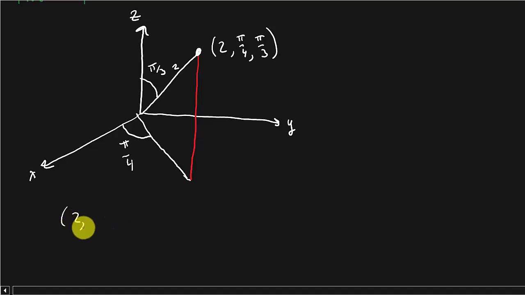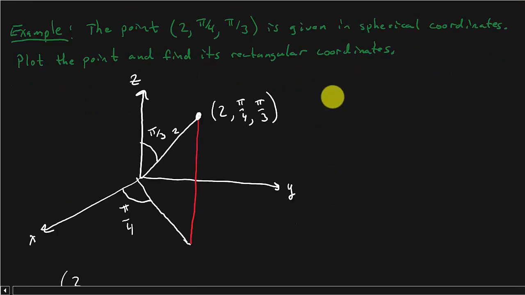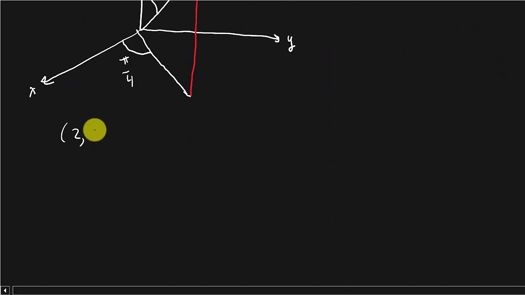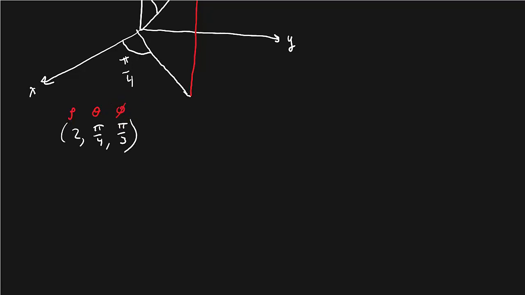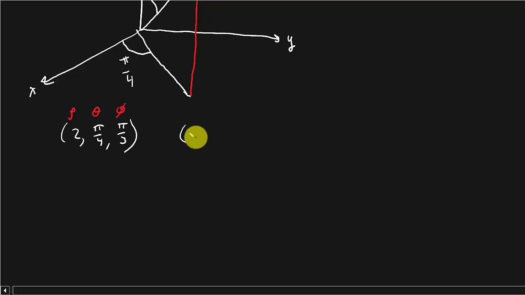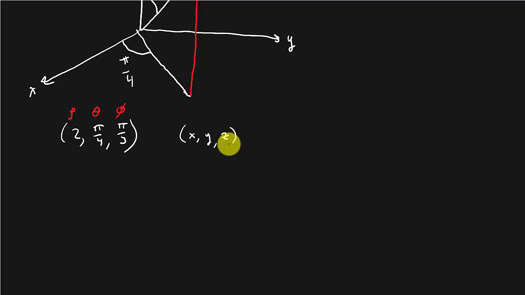So we've got the point (2, pi over 4, pi over 3). And remember, this is rho, theta, phi. All right, so remember, we've got to get this x, y, z.